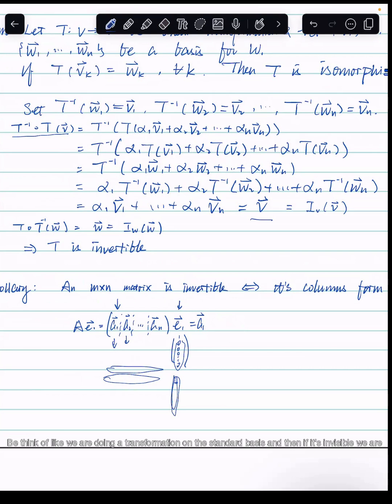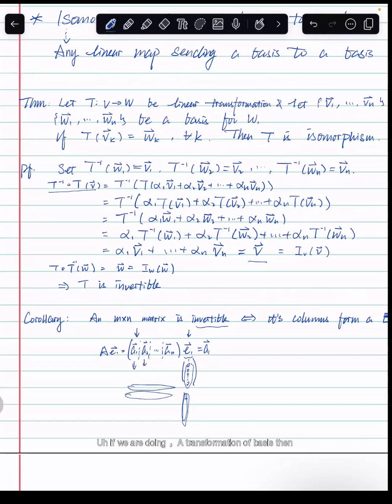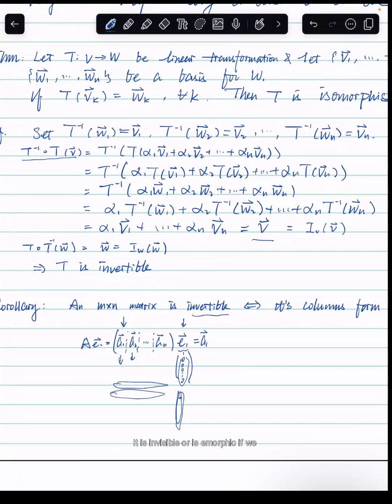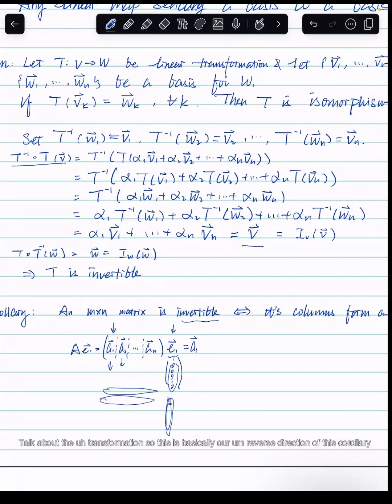So basically each column can be thought of as a transformation on the standard basis. And if it's invertible, if we are doing a transformation of basis, then it is invertible, or isomorphic if we talk about the transformation.